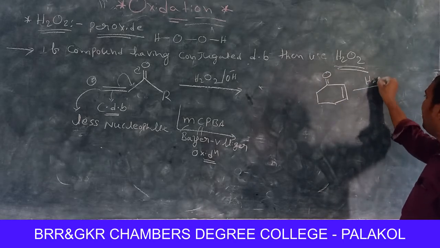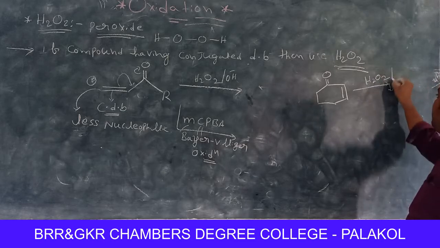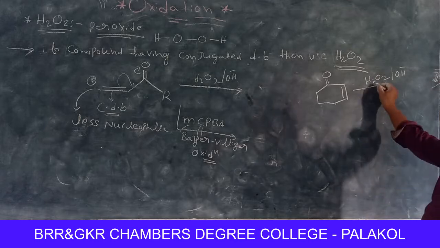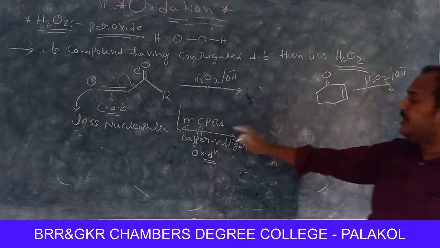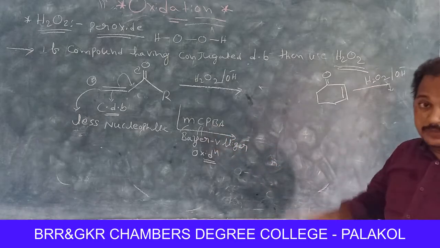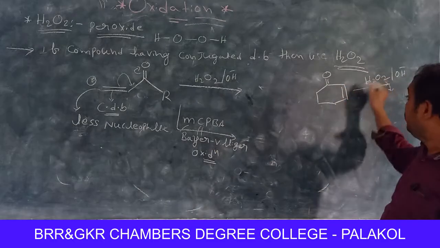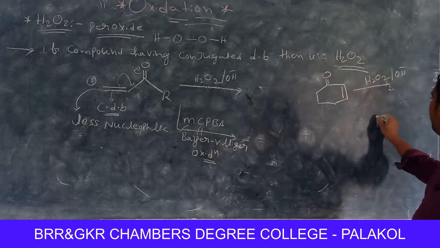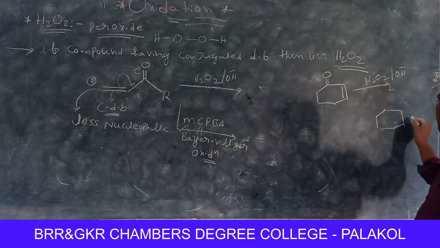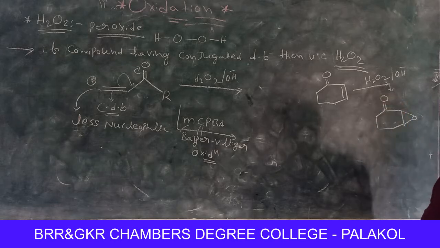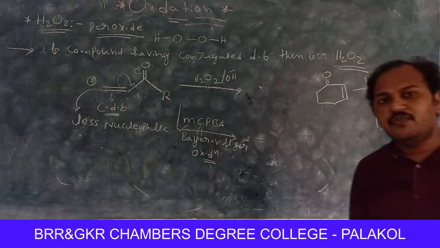Instead, we have to use H2O2 for getting the epoxide. With mCPBA, we get the ester. Whenever we use H2O2, the double bond is converted to the epoxide with a high yield.